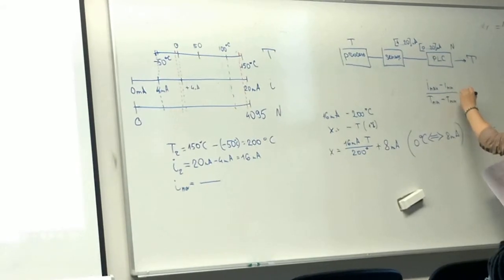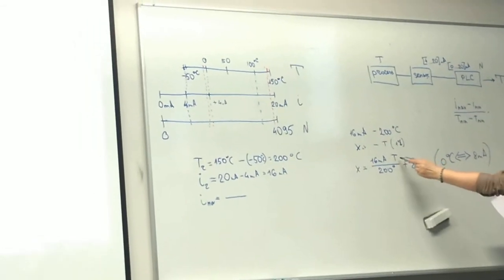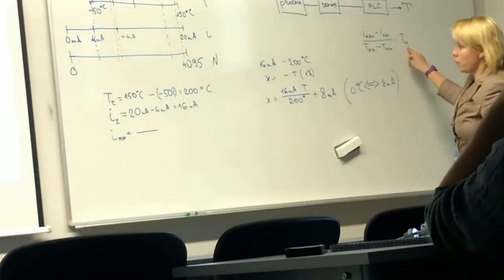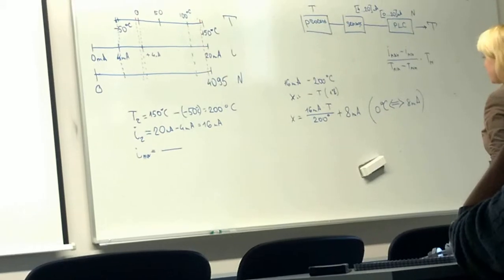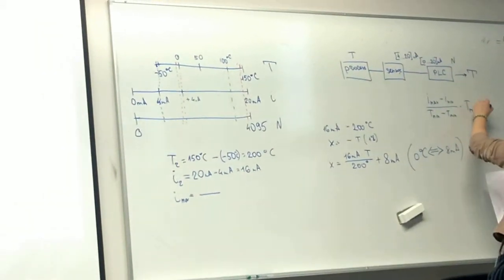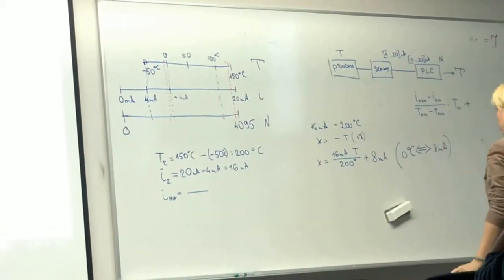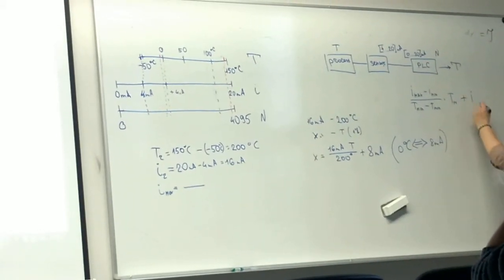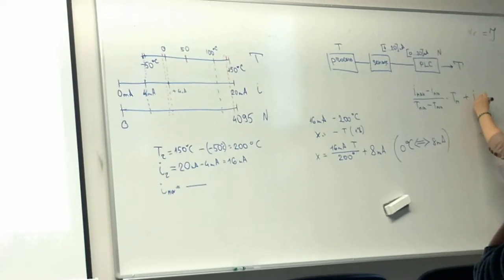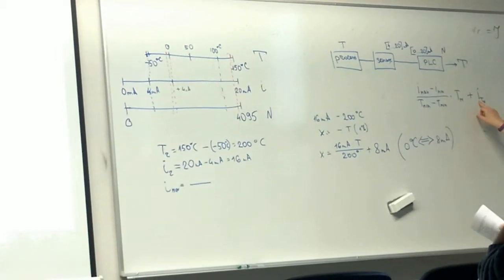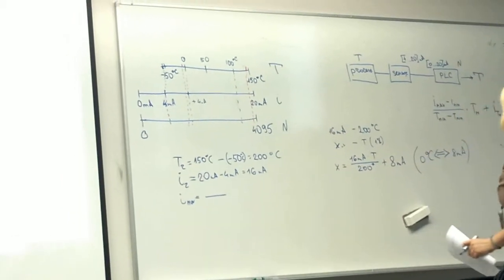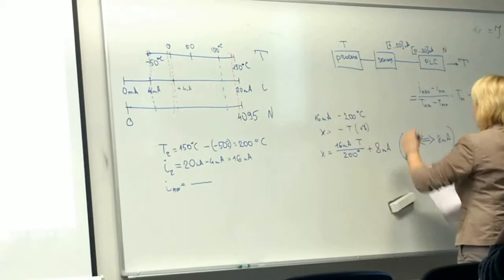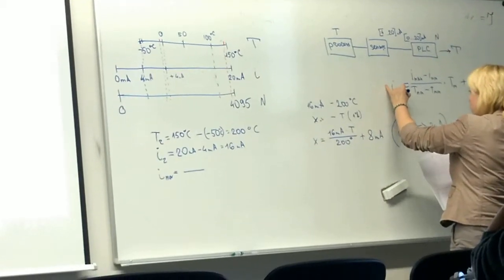It should be multiplied by the measured temperature, and after that we also shift it to the value of current where we have our temperature of 0 degrees. So basically this will be our measured value.